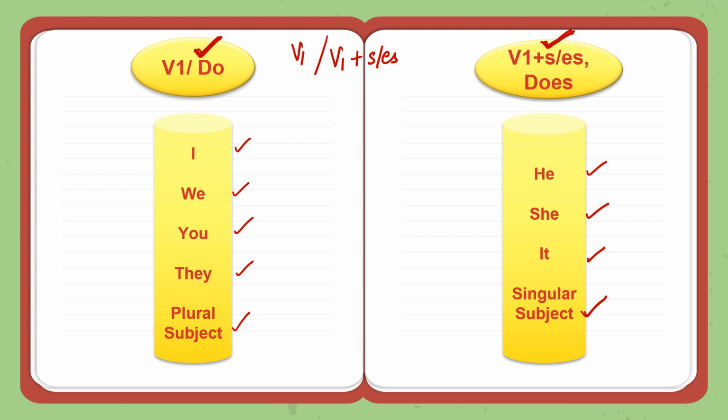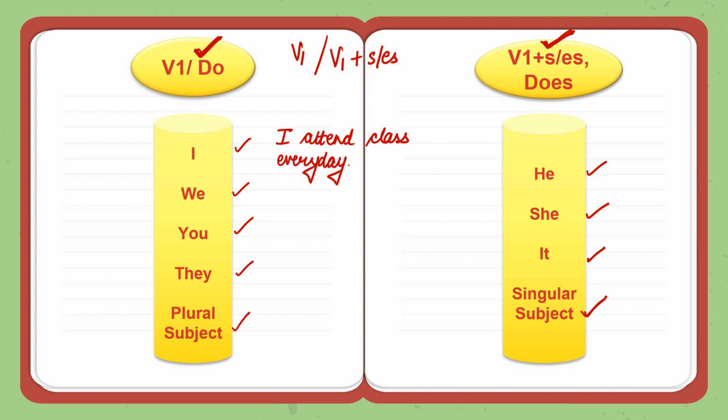With I, we, you, they, and plural subject, we use do. And with he, she, it, and any other singular subject, we use does. Let's understand with the help of some examples. I attend class every day.